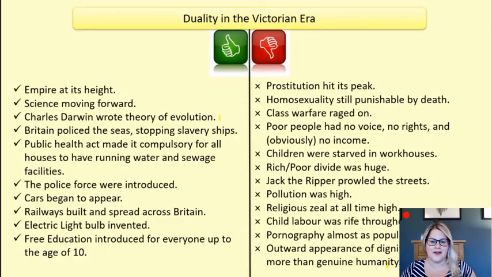Okay, so I've summarised duality in the Victorian era here. We've covered a lot of it. If you think it would be helpful, remember these are going to be your revision notes for Year 11 too. I would maybe pick between 3 and 5 for each side, whichever ones you think are most pertinent, and just write them down in a table.